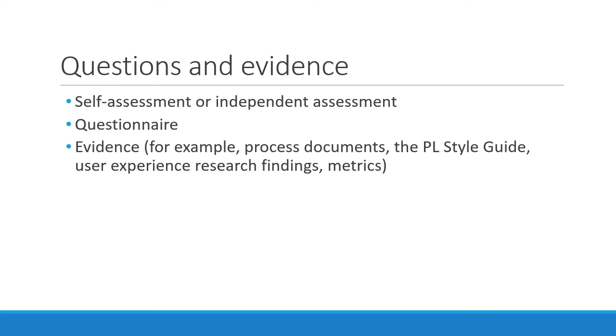Well, you will need to translate the indicators into clear questions that are easy to answer. That, I can assure you, is a plain language exercise in itself. You also need evidence. For example, process documents, plain language style guide, user experience research findings, metrics, etc.